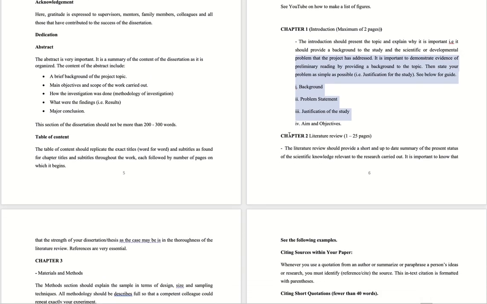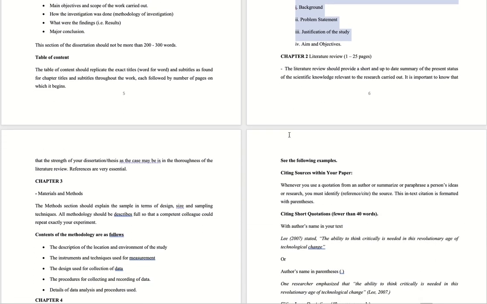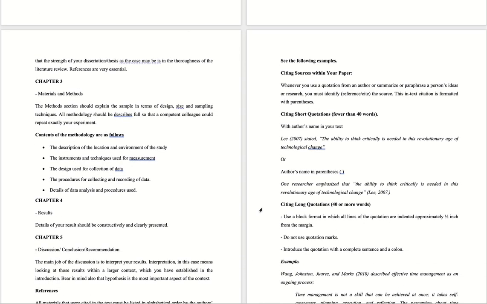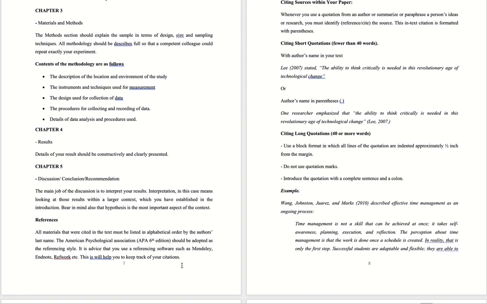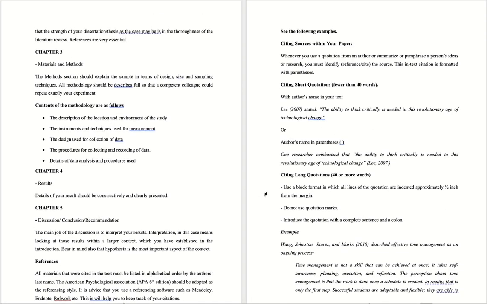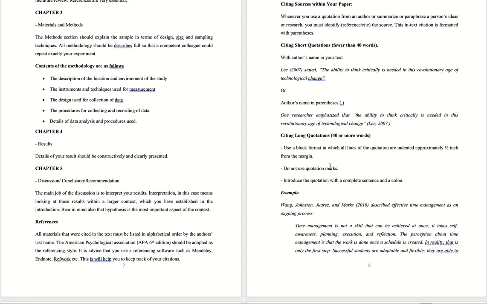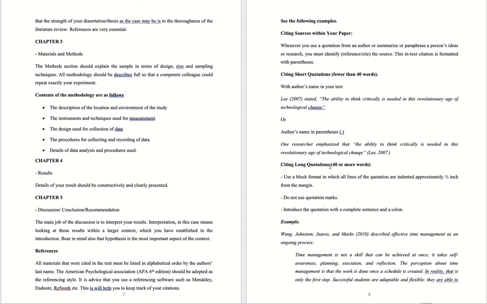Then you have it for your chapter 2, for your chapter 3, for all the chapters, even up to the referencing style that you will be expected to use. And so please familiarize yourself with this dissertation guideline.